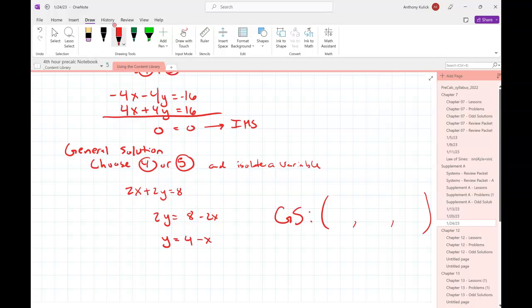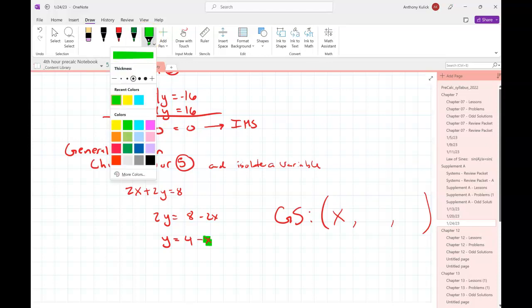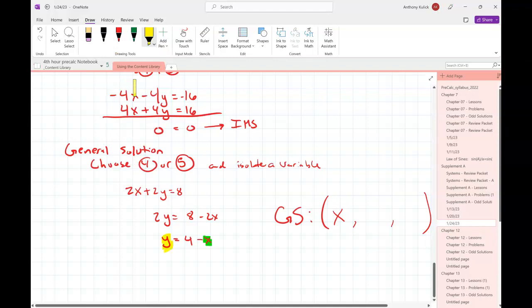It's an ordered triple. The variable that I've written as the independent variable, in this case that's x, I'm just going to write as an x. The variable that I've isolated, I'm going to write as 4 minus x, because I know y is equal to 4 minus x.